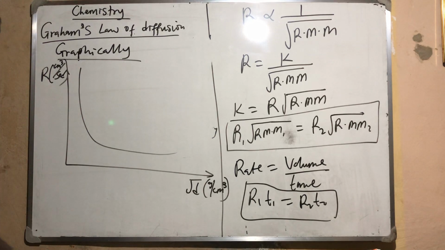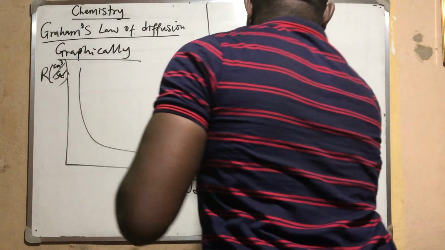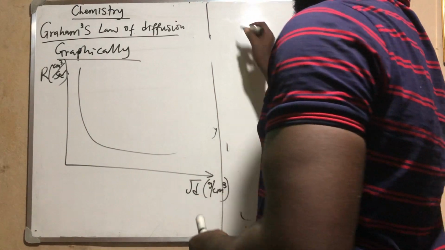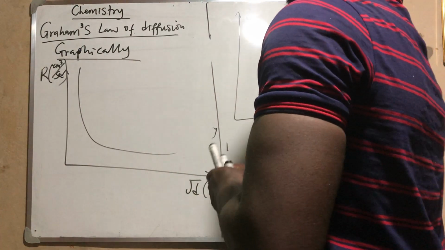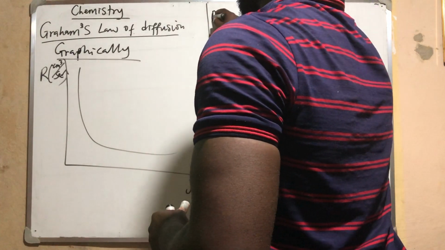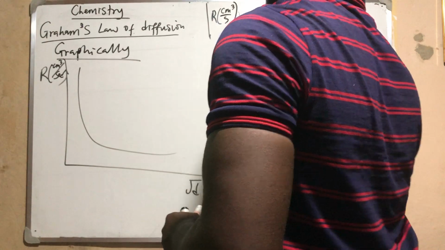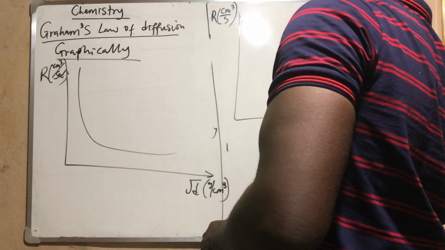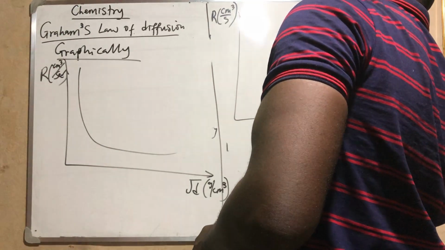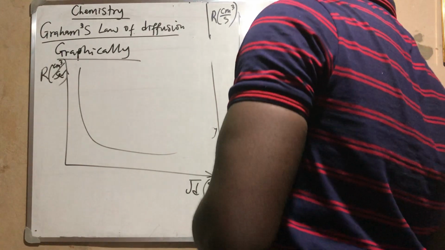But if you are plotting the graph of rate in cm cube per sec against 1 over the square root of d, in cm cube per gram, it will not be a straight line graph.